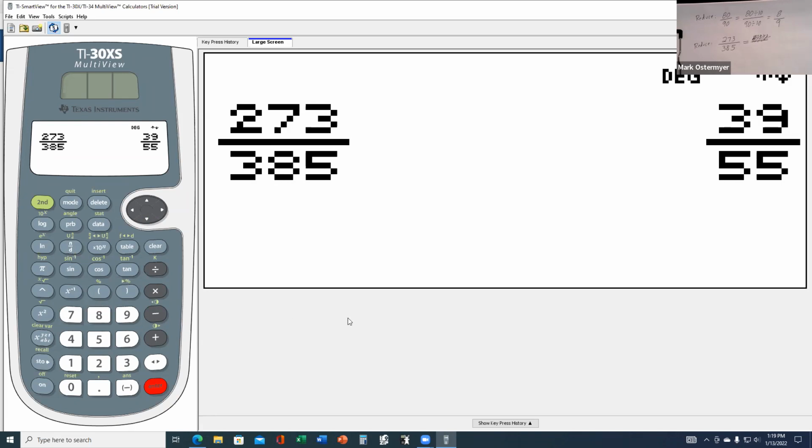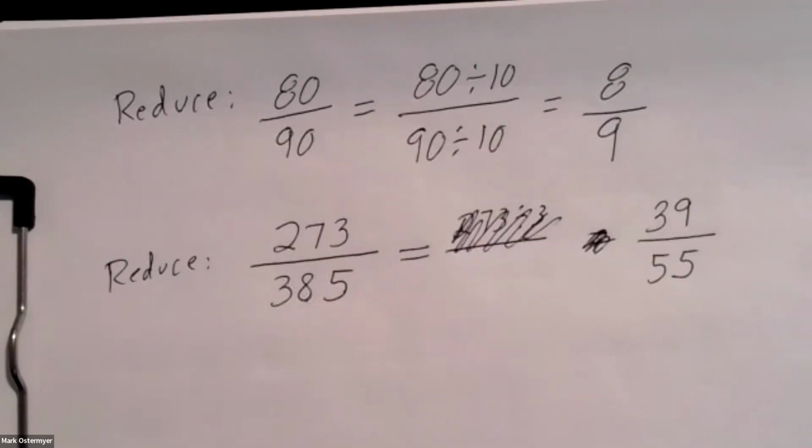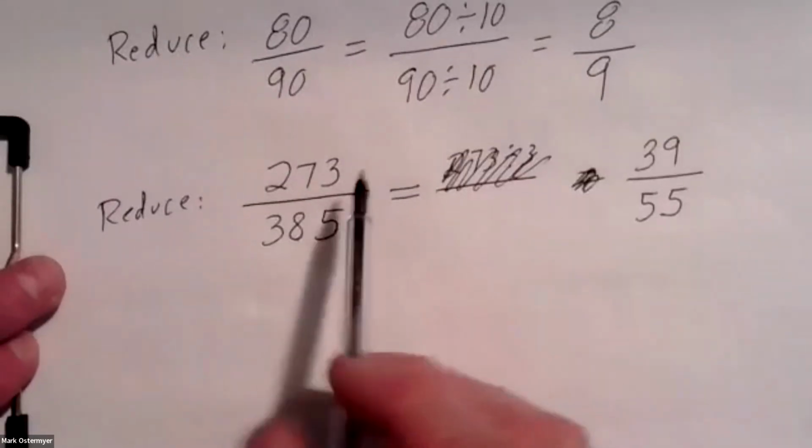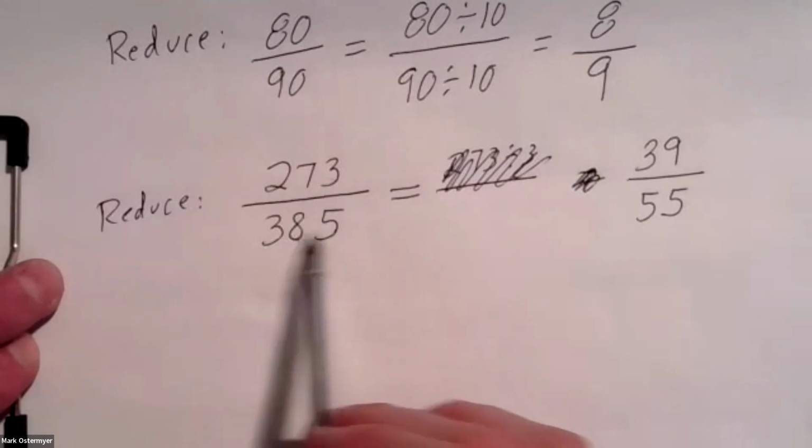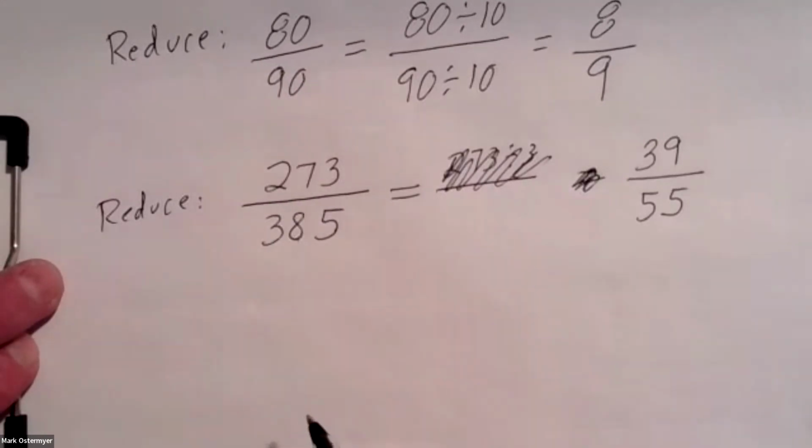39/55. Now, how do you think they may have reduced that down manually? Does anybody know how they might have taken that down to 39/55? Well, it's not obvious. Do you agree? Can you think of any number that divides into the numerator and the denominator here? That's far from obvious too. Do you agree?